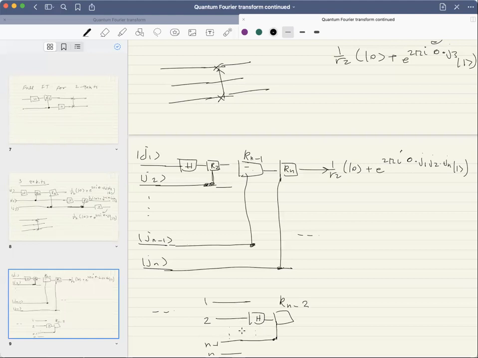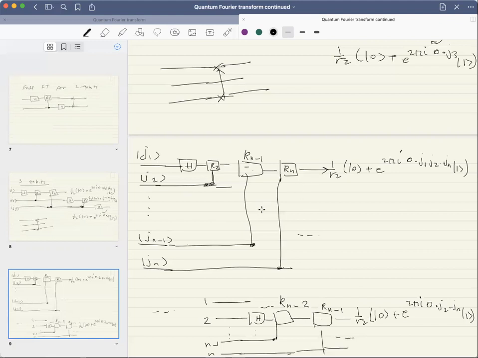So here there are a whole bunch of them for these intermediate ones, R2, R3 up to R n minus 2, and then the last one applies an R n minus 1. If I do that, then the second qubit becomes 1 over square root 2 times 0 plus e to the 2 pi i, and this structure starts at J2 and goes all the way to Jn.